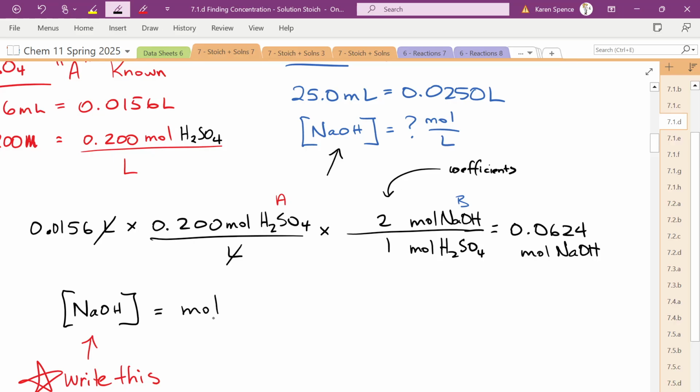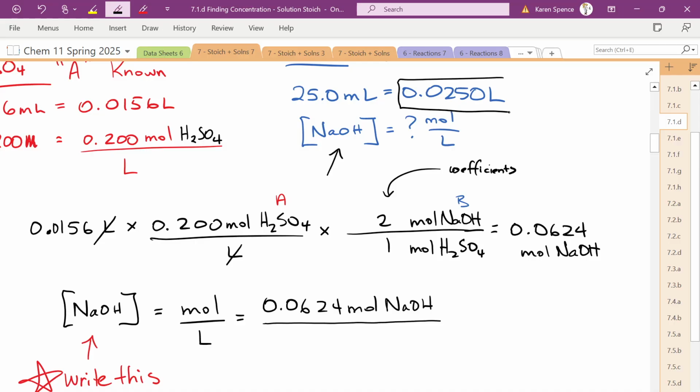That's going to be your moles divided by your liters. So that's going to be 0.0624 moles of NaOH per 0.0250 liters.